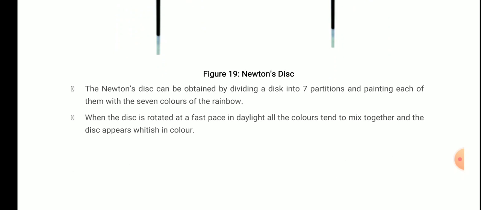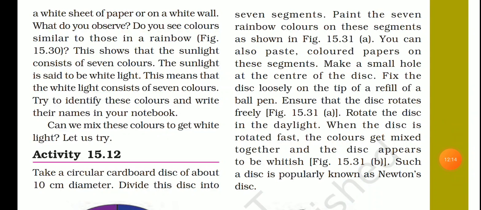Now we will be moving to the NCERT part, where we will look at the keywords and what you have learned. You can see activity 15.12. What does it say? Take a circular cardboard disc of about 10 centimeter diameter and divide this disc into 7 segments. Paint the 7 rainbow colors on these segments.